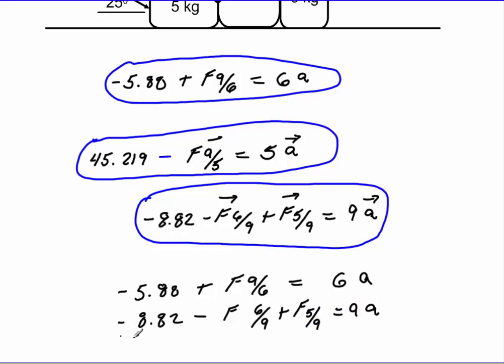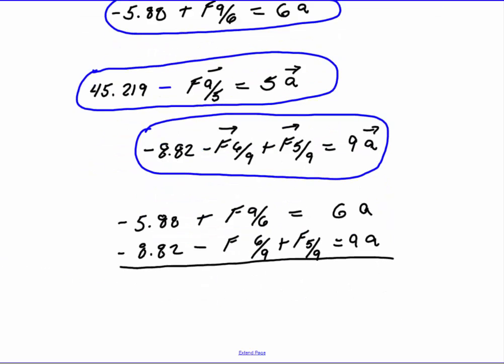Does everybody follow what I'm doing there? So I'm going to lose these. Now what are you going to get? You're going to get 5.88. Yeah, I got 1.52. That gives you negative 14.7, right? You certainly can, and you don't have to do it this way.